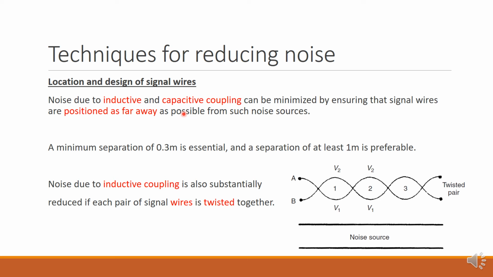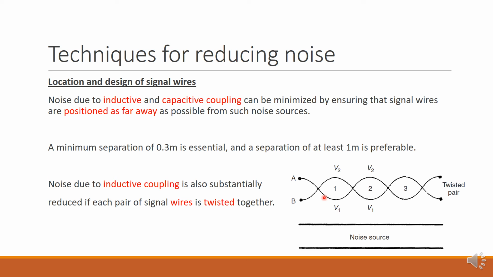This inductive and capacitive coupling between the signal wires is inversely proportional to the square of the distance between these wires and cables. So noise due to this coupling can be minimized by ensuring that the signal wires are positioned as far away as possible.